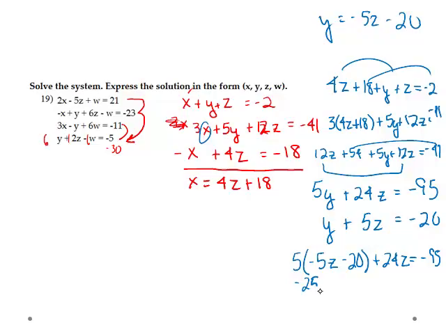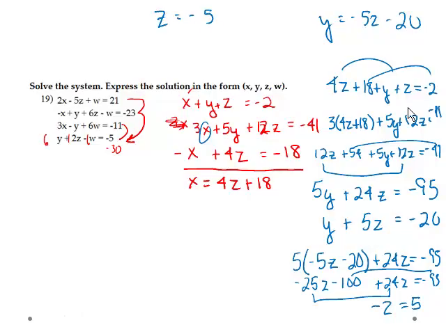Negative 25z minus 100 plus 24z equals negative 95. So negative z, add 95 to both sides, equals 5. So z is negative 5. Let's substitute that into this equation right here. Negative 5 times negative 5 is 25 minus 20. y is 5.